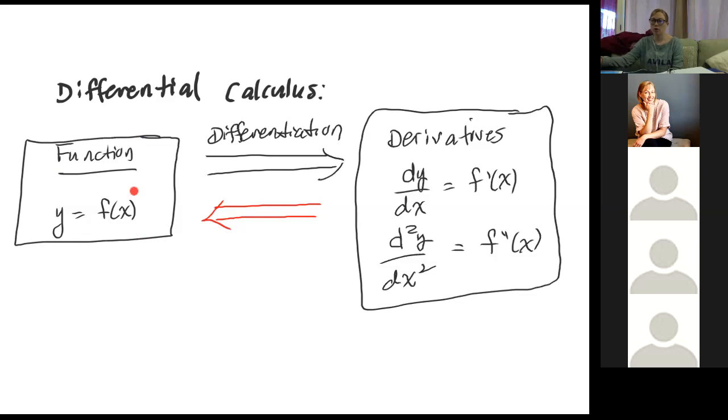And also, what are the applications of that process of working backwards and finding the original function? Okay, so that's just a bit of an introduction, and I'm going to do a lot of this by example.